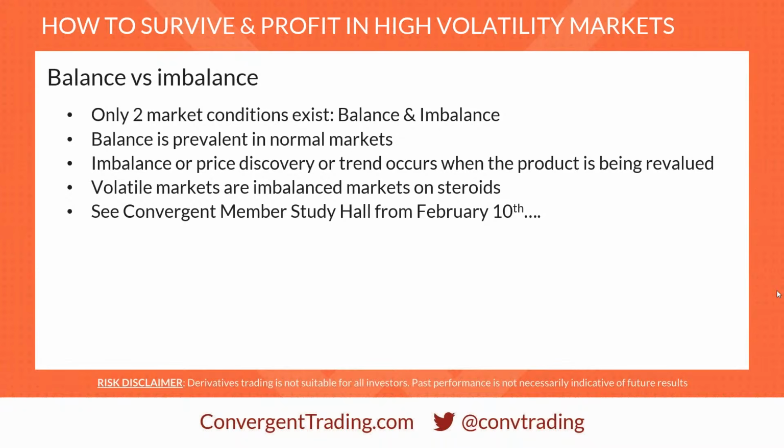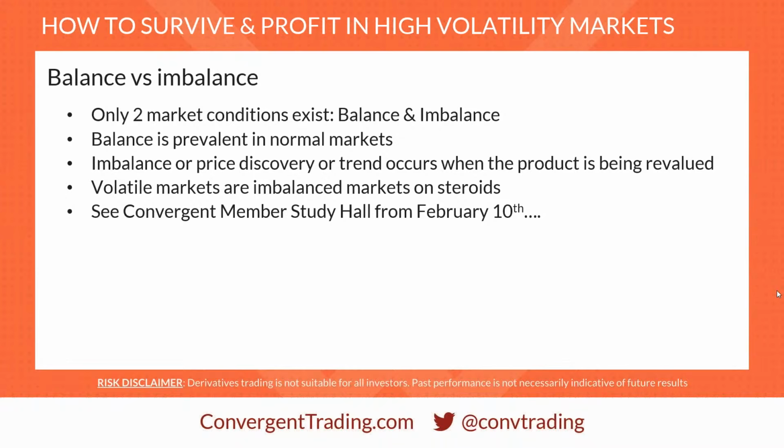Okay, so balance is prevalent in normal markets. In general, balance is the order of the day. Balance is what the market seeks. We're looking to find that perfect price in our supply-demand intersection, per your economics 101 class.